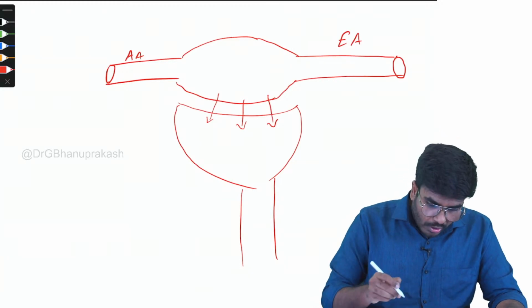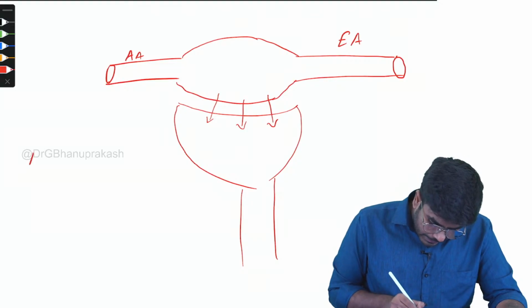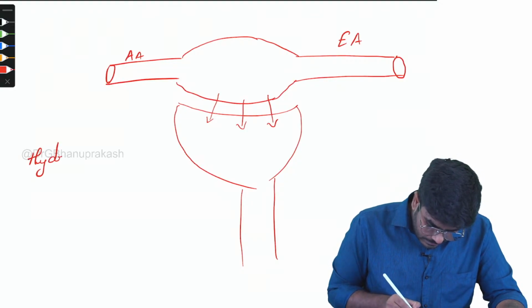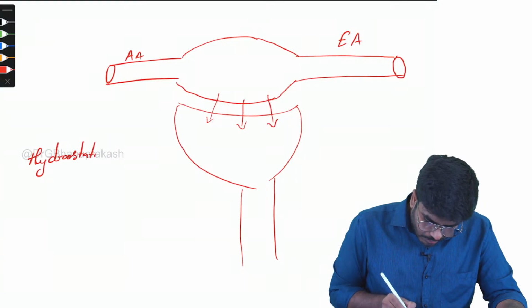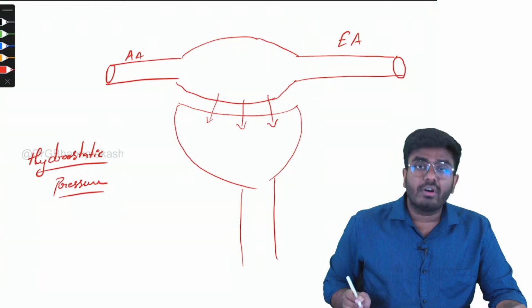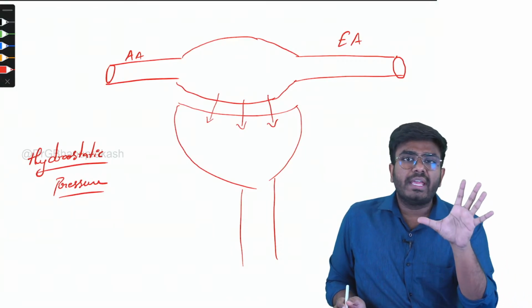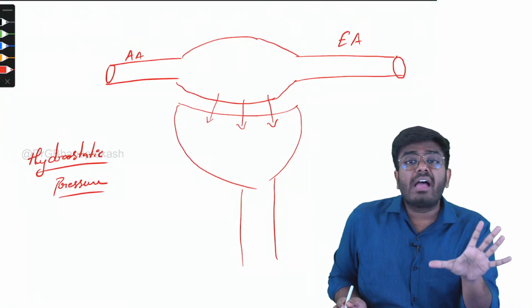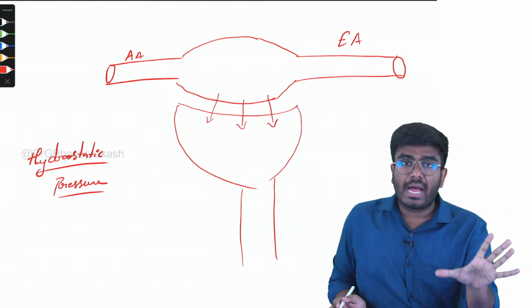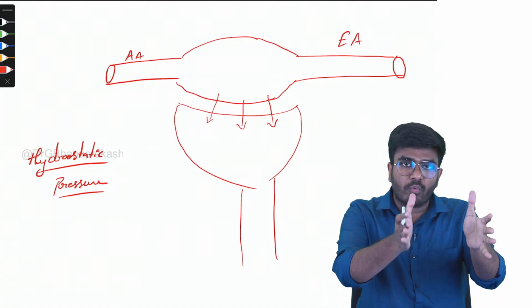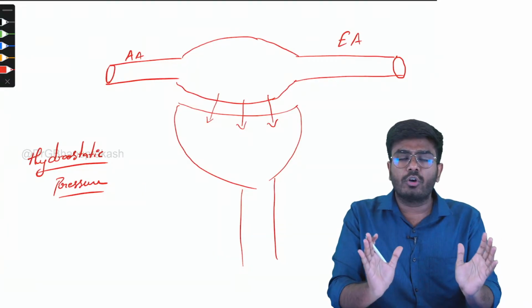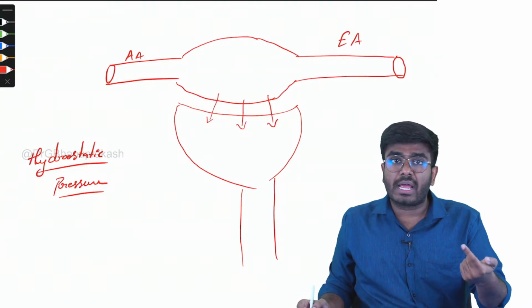First of all, hydrostatic pressure. Whenever you take a fluid, it will have a property called hydrostatic pressure. Hydro means water, static means not moving. Whenever you keep water in one place, without moving, it will have a pressure, hydrostatic pressure.